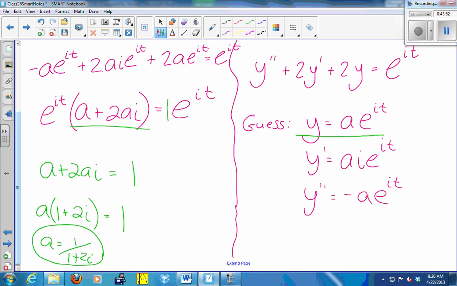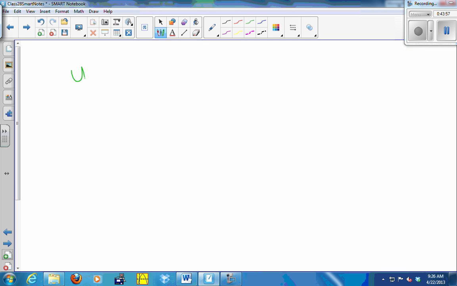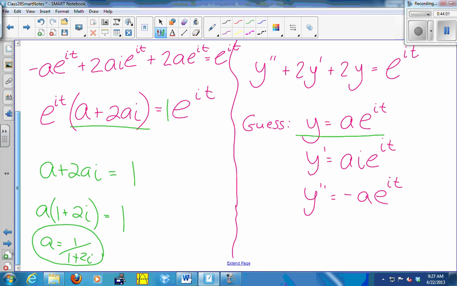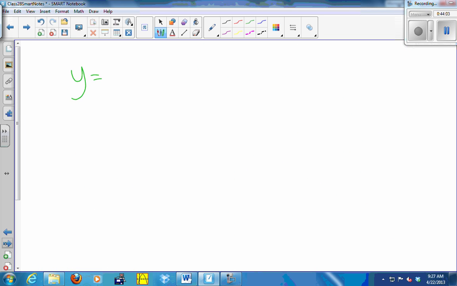So y equals a e to the it, and this is my a: one over 1 plus 2i, times e to the it. So that's a particular solution, but not to the forcing function that I want, but a related one.